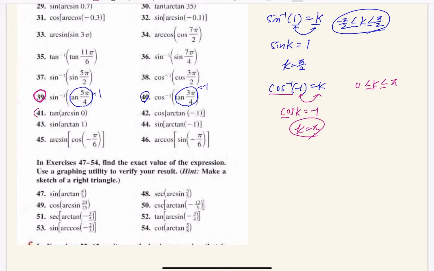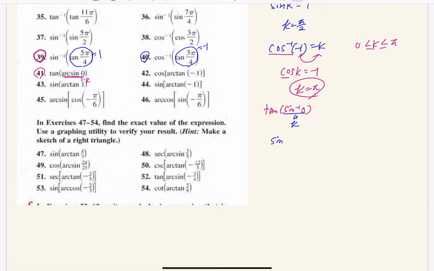Next, 41. Tangent arc sine 0. This is an inverse expression, so set up k for the inverse.